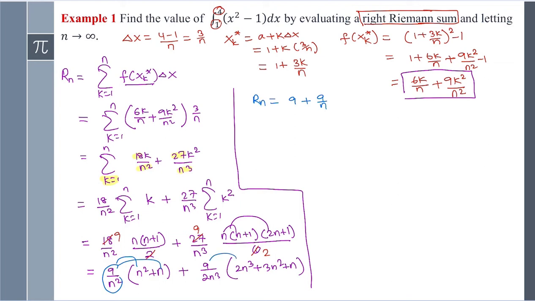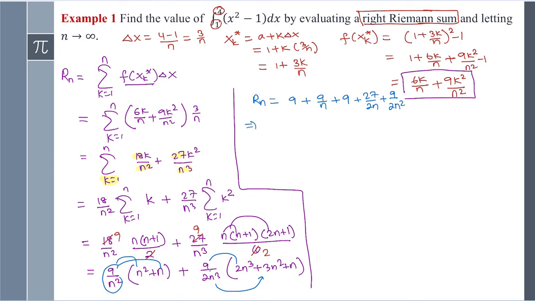And when we distribute here, 2n cubed cancels out, so we just have plus 9. When we distribute this over here, we get plus 27 over 2n. And when we distribute this to the last one, we get plus 9 over 2n squared. So that is the Riemann sum that we have.